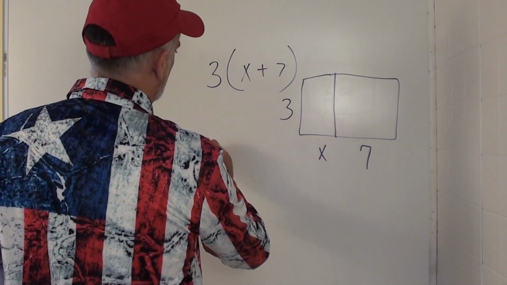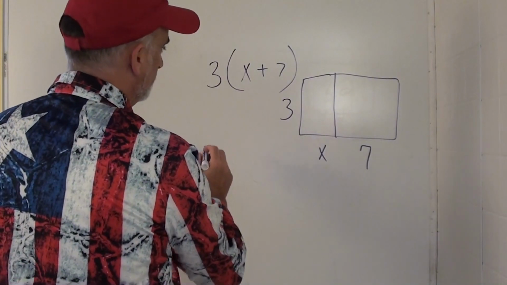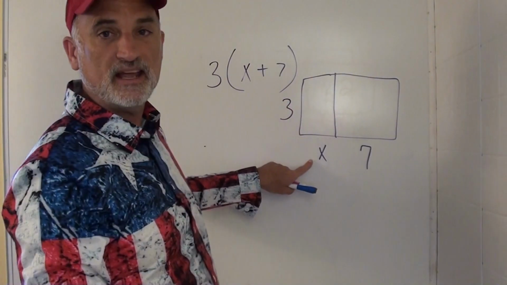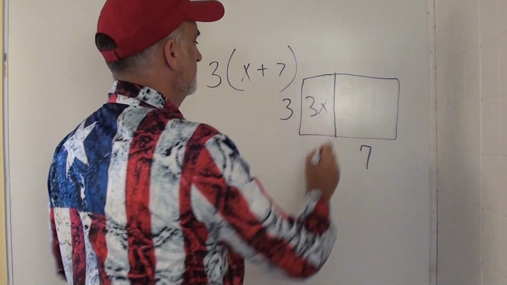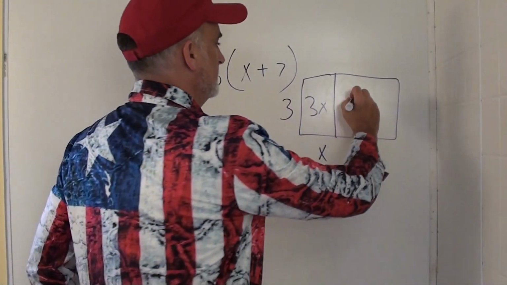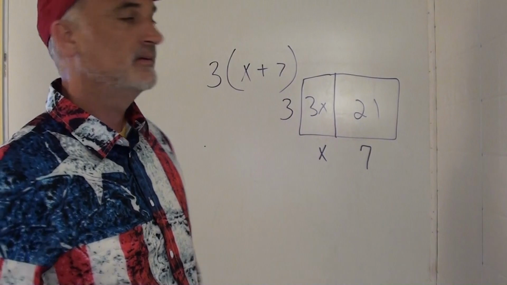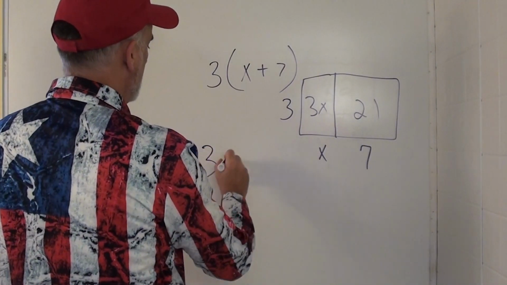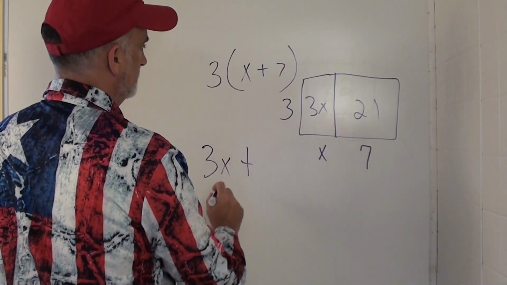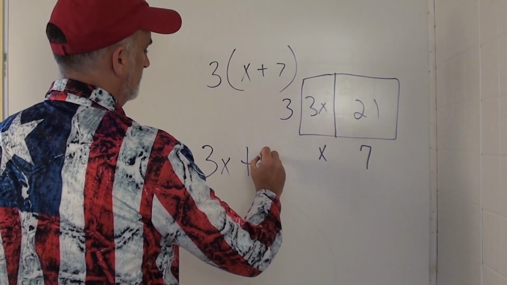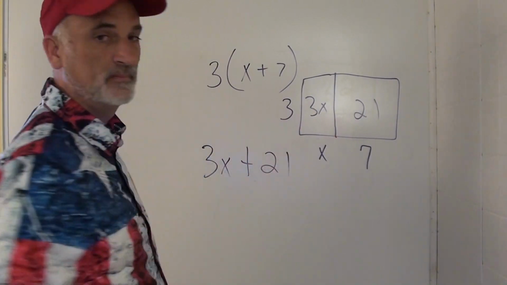Let's look at this. So 3 times x is 3x, and 3 times 7 is 21. Okay, so let's write that out. 3x plus 21.